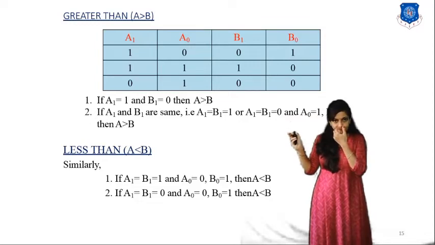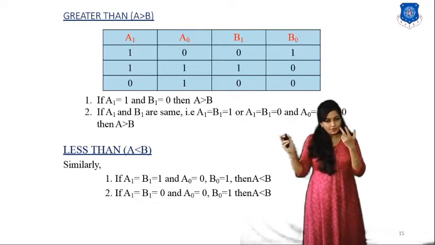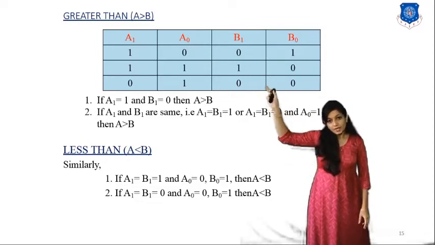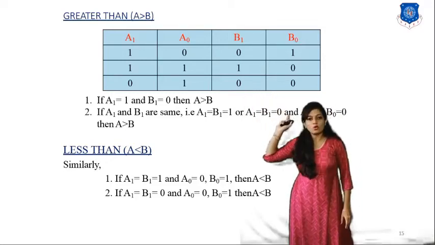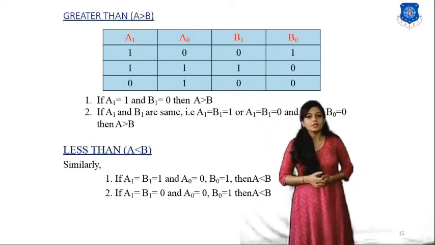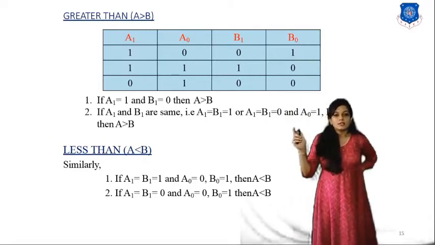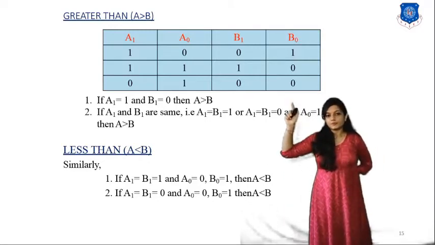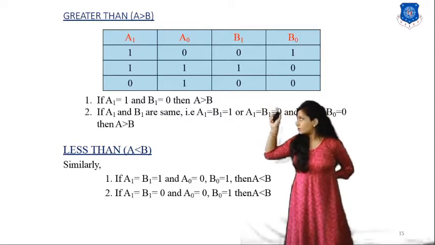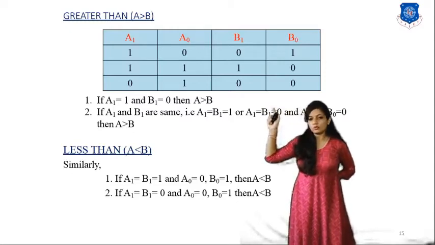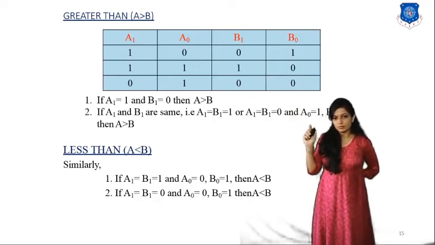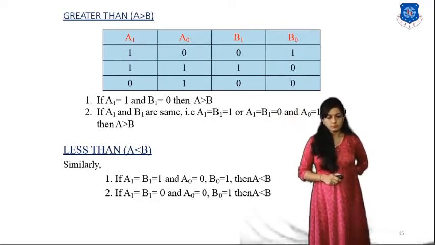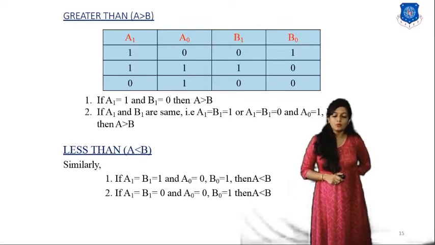Second, if A1 is equal to B1, then only we need to check whether A0 is greater than B0 or not. Consider case 2. A1 is equal to B1, so we are going to compare A0 with B0. And A0 is more than B0.